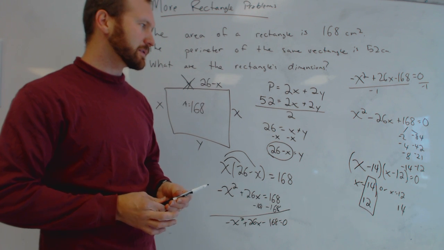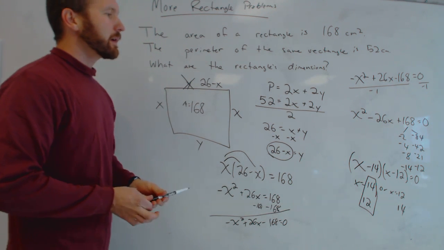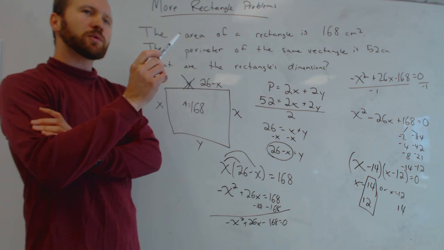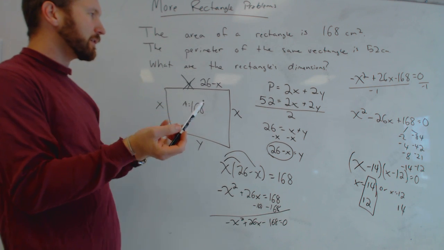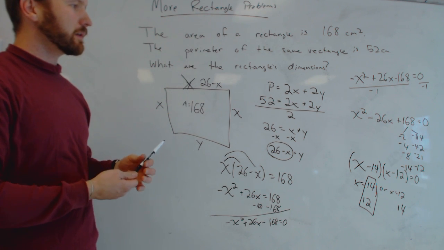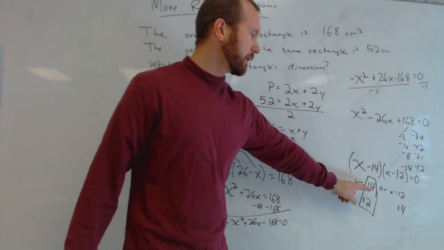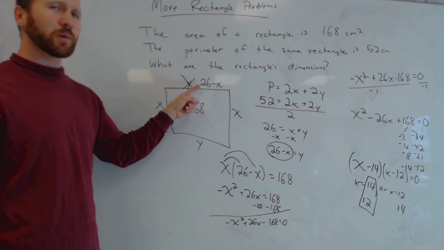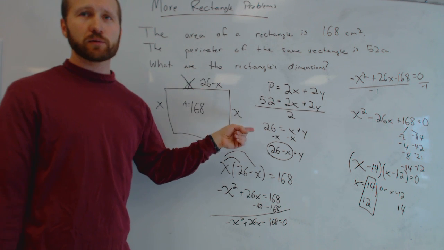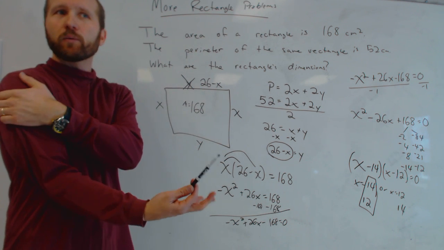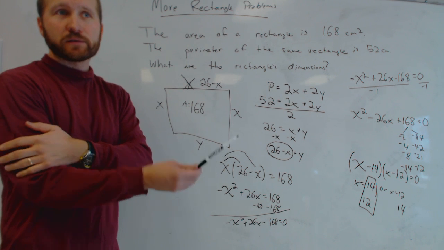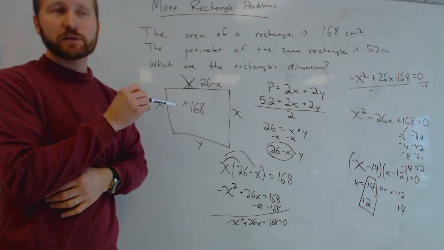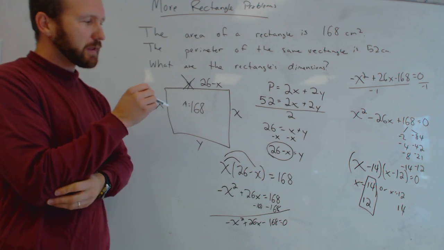You could theoretically end up with a number like 30. Then when you subtract 30 from 26, the other side would be negative. So that wouldn't work, right? You could eliminate that set of answers. I don't know if that ever happens or not.